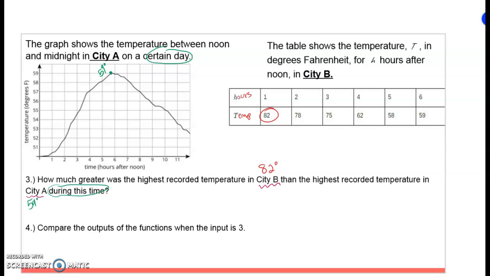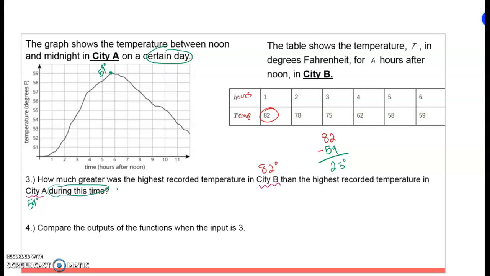So now what we're going to do is similar to the last one. I'm going to take 82 because I want to know the difference between them, how much greater it is, and I'm going to subtract it from my 59. Take a moment and see what answer you get. And you should have gotten 23 degrees. So that means City B was 23 degrees warmer than City A at its highest point.